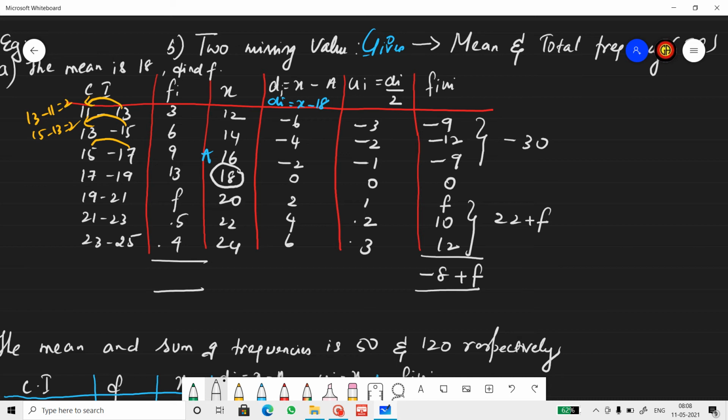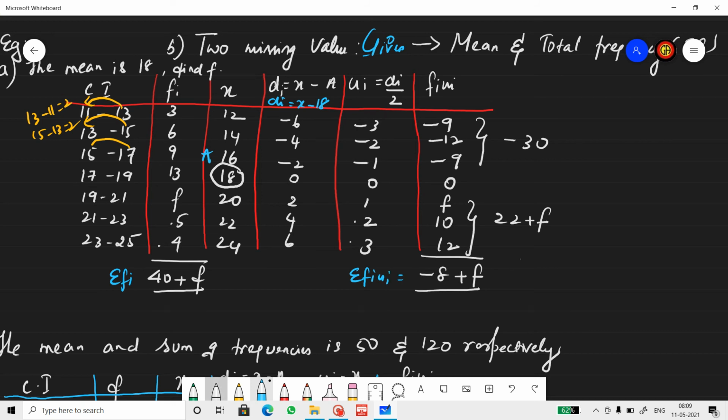Total of frequency, when your total is 3, 6, 9, 40 plus f. So sigma fi is 40 plus f. Sigma fi ui is minus 8 plus f. This is sigma fi and this is sigma fi ui.